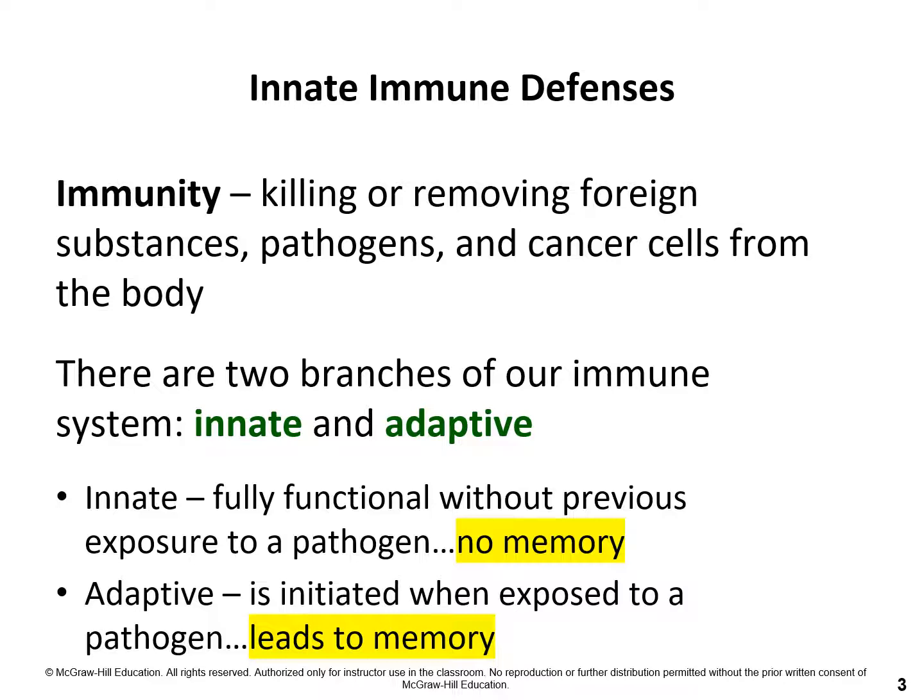Some pathogens or foreign substances can be detected by the adaptive immune system, and the cells involved will build up a memory for these pathogens or foreign substances, so that upon subsequent exposure to the same pathogens or foreign substances, they can respond faster and stronger so that the infection is cleared sooner rather than later.